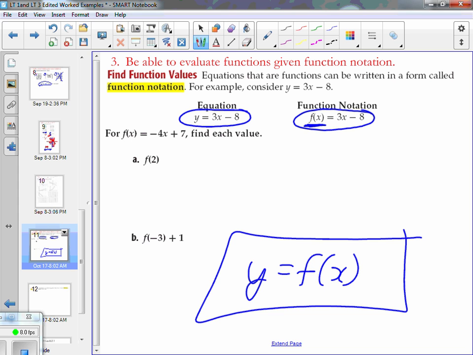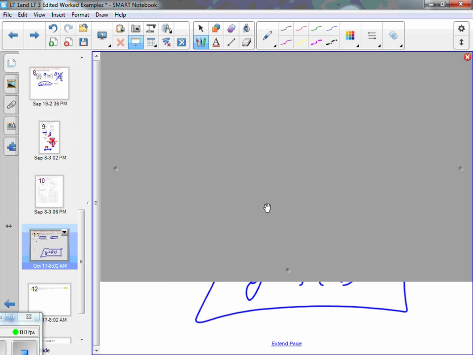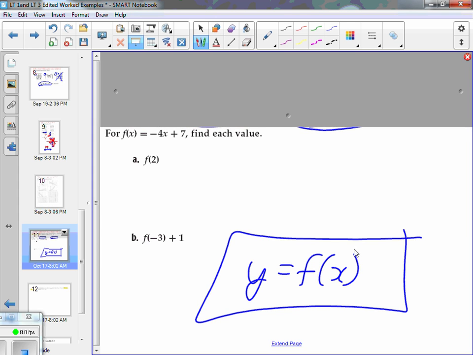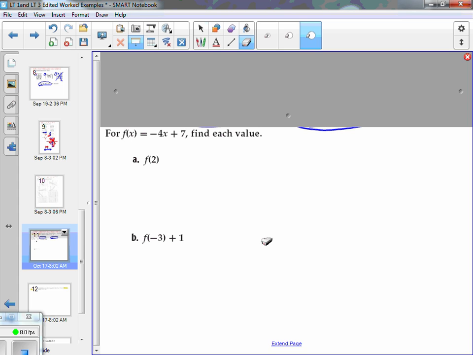Okay? So, when they give us a function like this, f of x equals negative 4x plus 7, that's a linear function, because if it was written as y equals negative 4x plus 7, that's in slope-intercept form for a line, isn't it? So you graph that, that's a line, so it's a linear function.